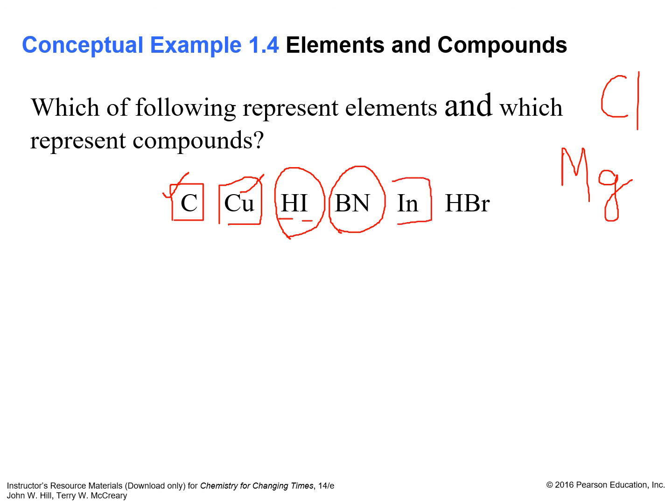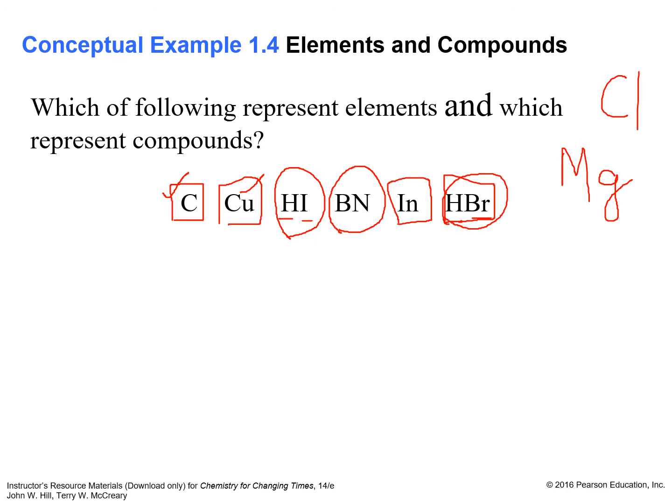In is indium, so as I said, a first capital letter followed by a lowercase is an element. And then you have hydrogen, and you have Br, which is a symbol for bromine. So HBr is hydrobromic acid. So sorry, it should be a circle. So it's a compound.